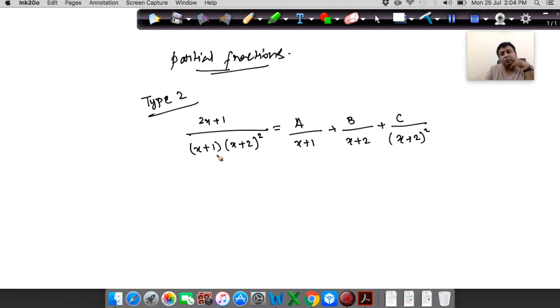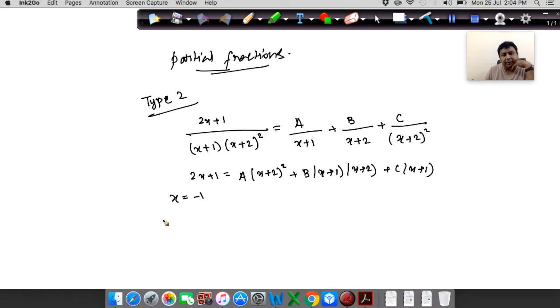So you cross multiply, you get 2x plus 1 is equal to a into x plus 2 square, plus b into x plus 1 into x plus 2, because one of the x plus 2 cancels, plus c into x plus 1. Now put x equals to, say, minus 1, get a.